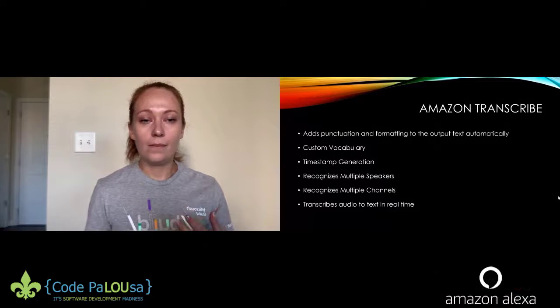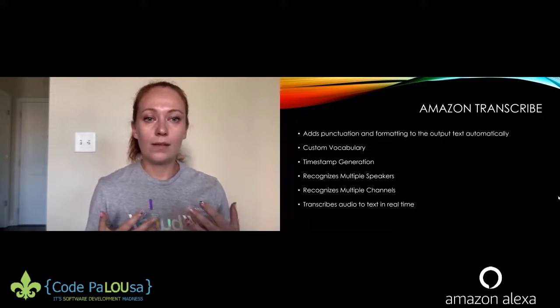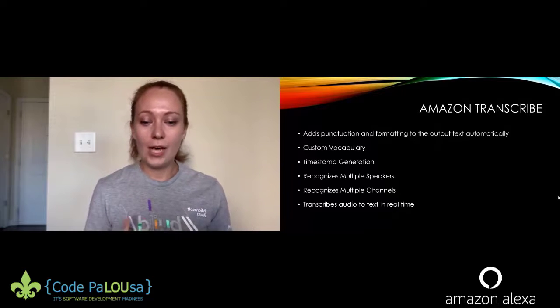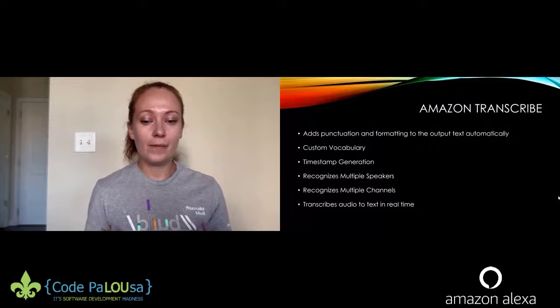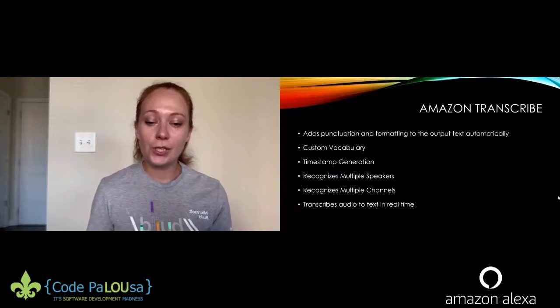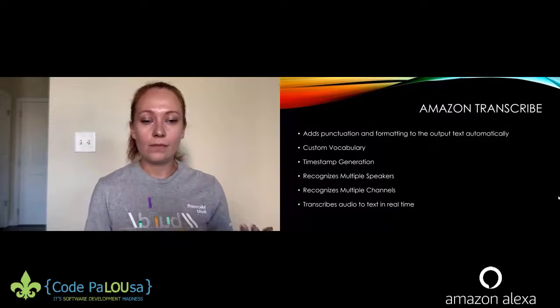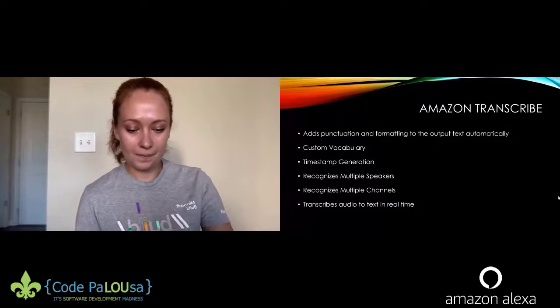So I think all the offerings that I was talking about actually have that option to recognize multiple speakers and multiple channels. It can transcribe audio to text in real time, as other tools out there.